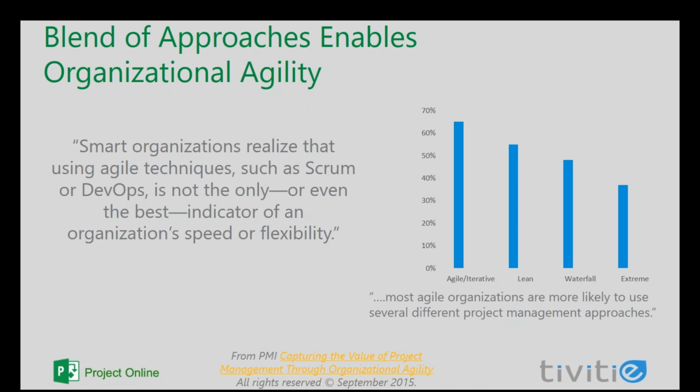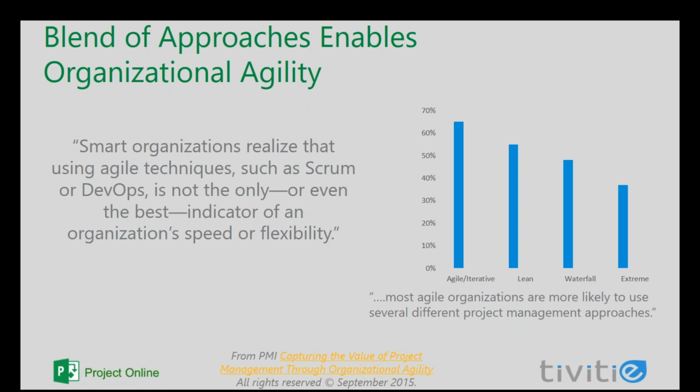So most organizations these days are more likely to use several different project management approaches, and this data comes from a PMI publication, Project Management Institute, Capturing the Value of Project Management Through Organizational Agility. As you can see here, Agile or more iterative approaches are being used in between 60 and 70% of the cases.